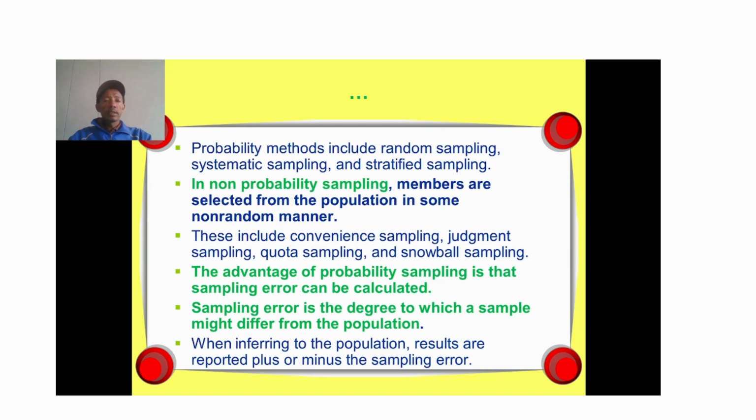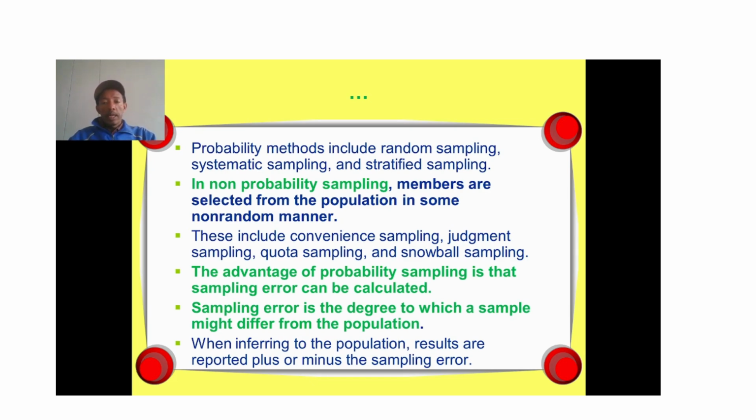In non-probability sampling, members are chosen from the population in some non-random manner. This includes convenience sampling, judgment sampling, quota sampling, and snowball sampling.